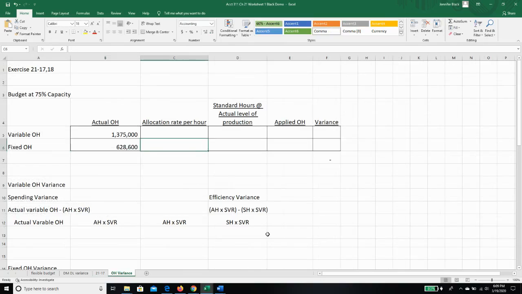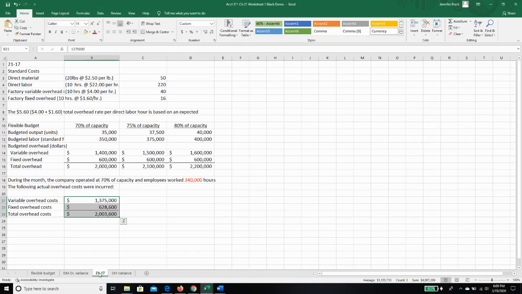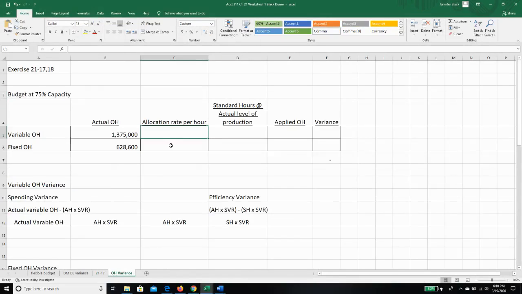All right, our allocation rate per hour, we know that as well, right? We said we are allocating variable overhead at $4 per hour and fixed overhead at $1.60 per hour. So 4 and 1.6.